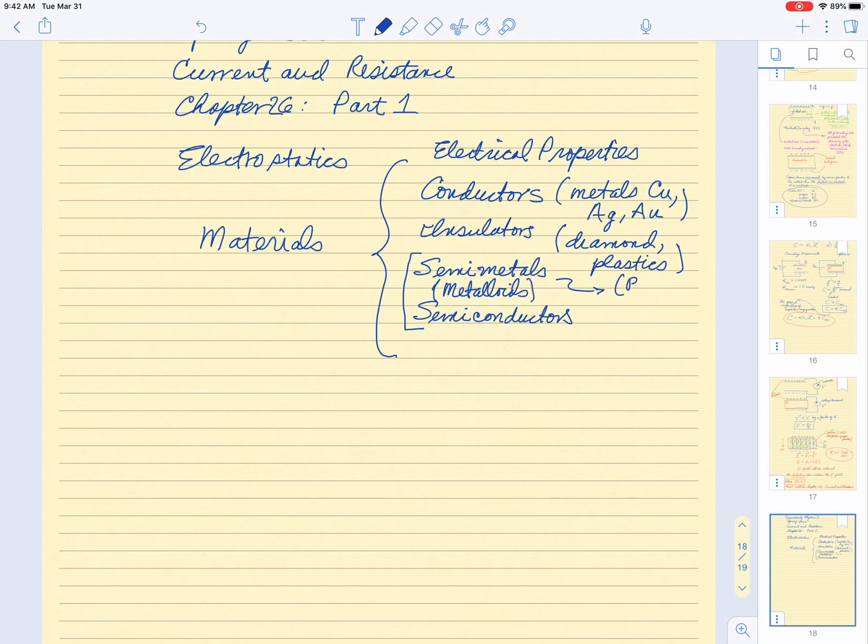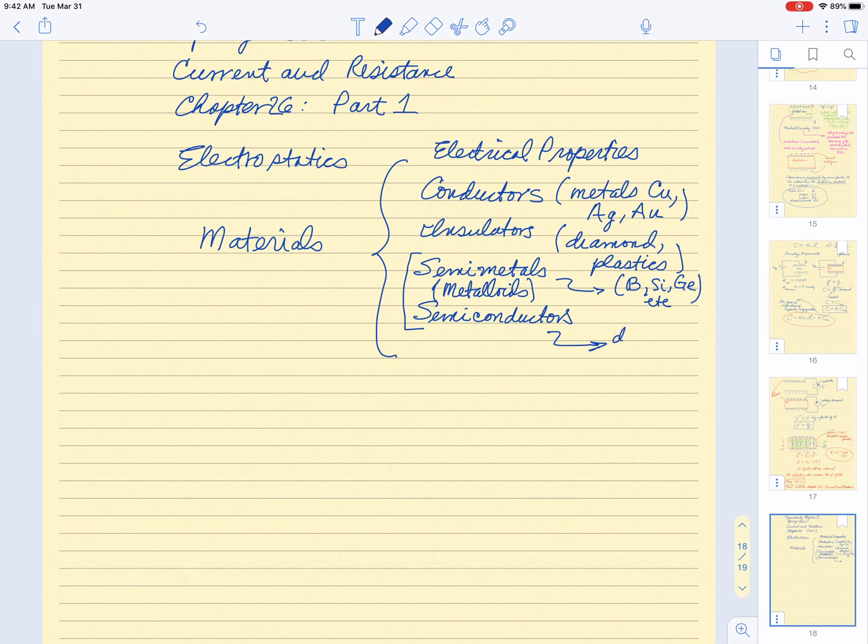And so things like boron, silicon, germanium, etc. Okay, and then we have semiconductors, and we'll talk about those. Those are typically more complex materials, doped metalloids.